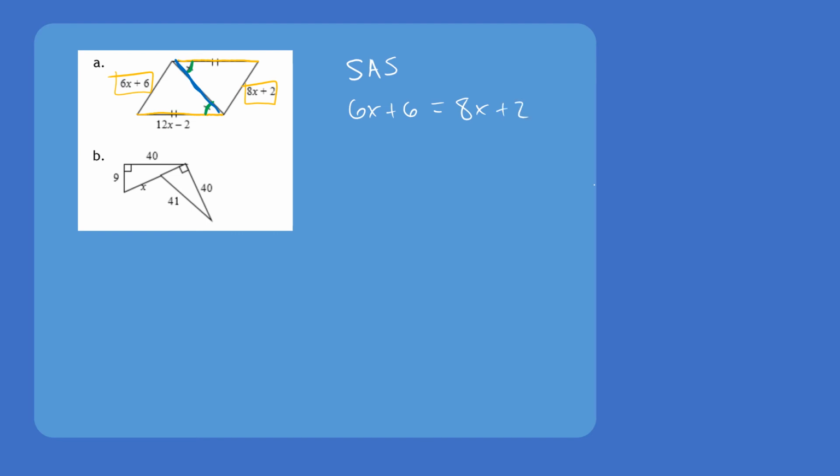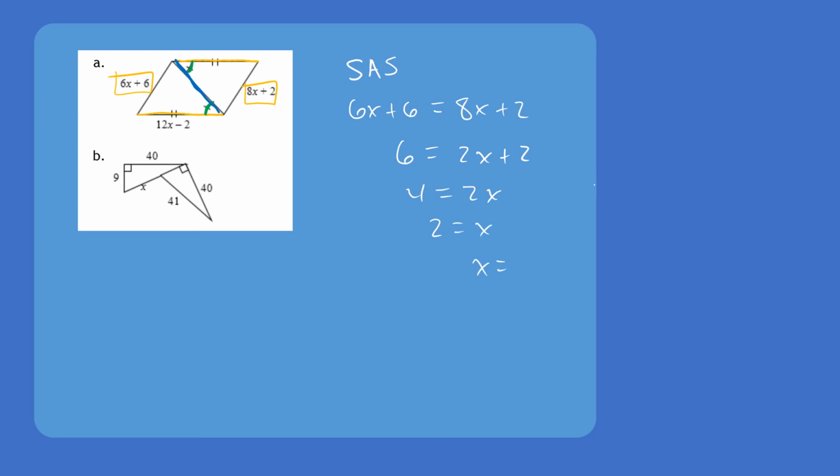Because they have to be congruent, I can set these two expressions equal and solve for x. If I take away 6x from both sides, that gives me 6 equals 2x plus 2. If I take away 2 from both sides, I get 4 is 2x. And if I divide both sides by 2, I get 2 is what x is.